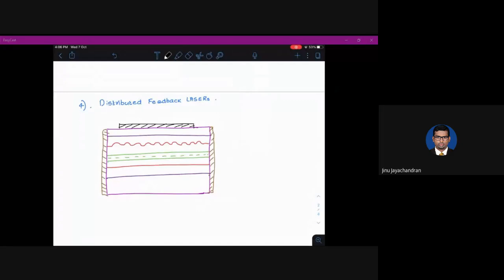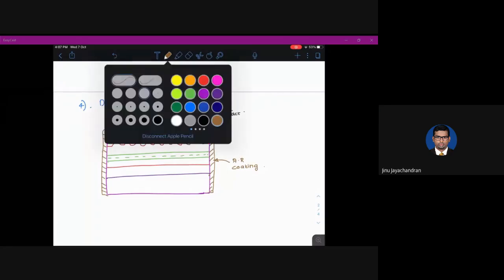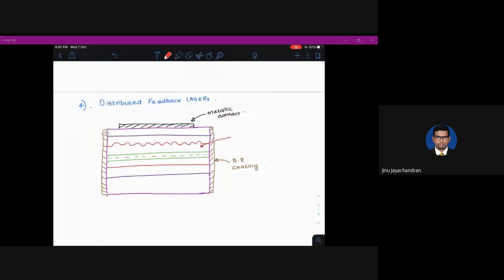This is the AR coating, so that whatever laser light is emitted will be reflected back. And this is called a corrugated grating. We'll explain what that is in a minute.